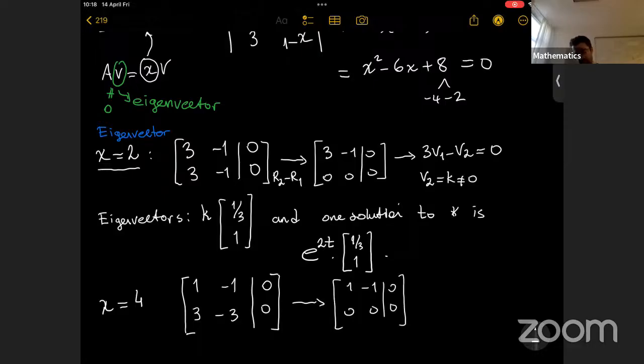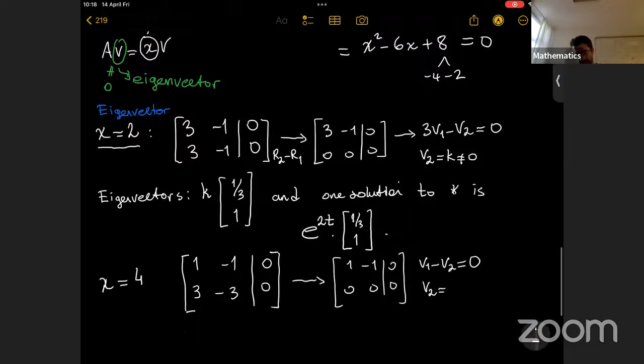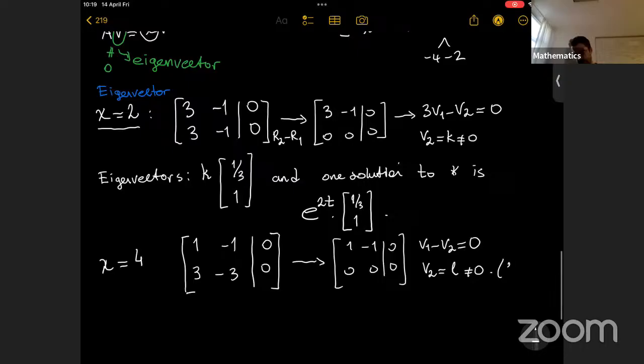And from here, v1 minus v2 is equal to 0. Let's say v2 is k. Let's use another letter, L. Let's say L is non-zero, a free variable. This is free.